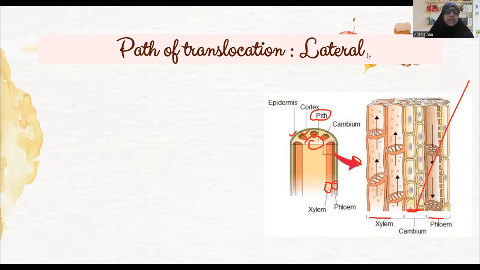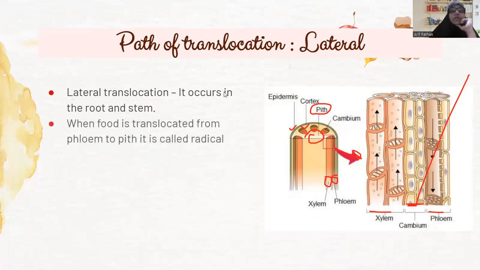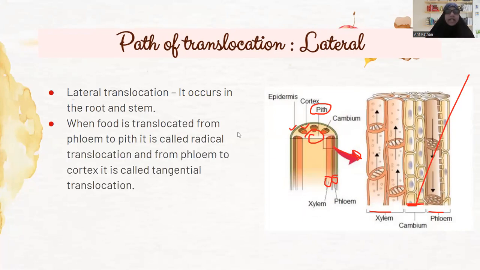Okay, so lateral translocation occurs in the root and stem. So root and stem will show lateral translocation. So when the food is translocated from the phloem to the pith in the radial direction. Okay, like you have this radial translocation, tangential, for example, you have this circle.